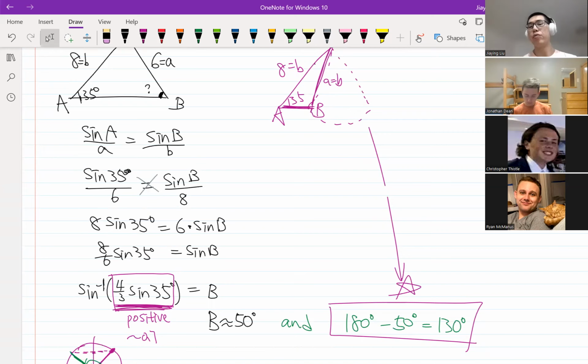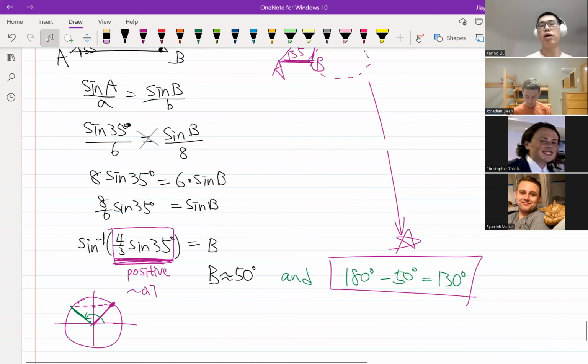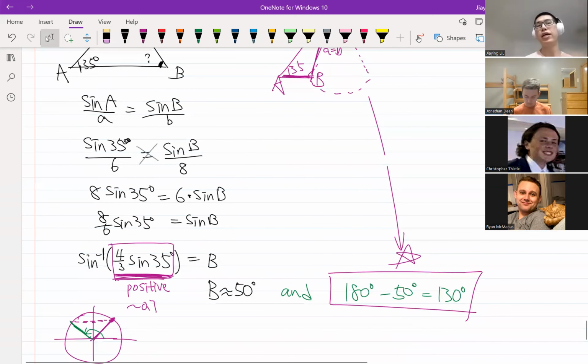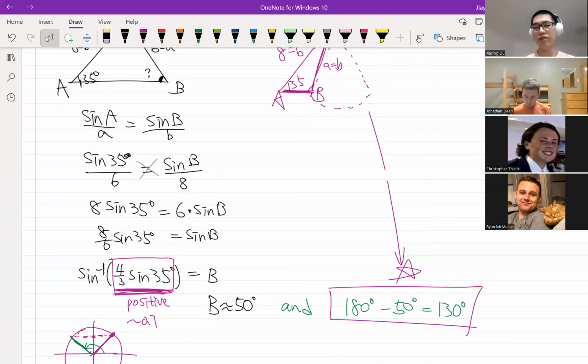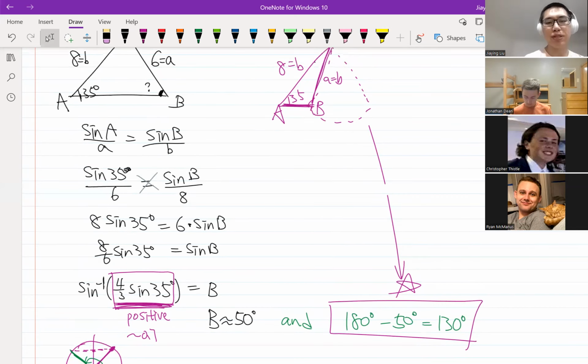Now you probably wonder, okay, do I keep both or do I drop one? The only way to tell whether we keep it or drop it is to find the other missing angle to see if it's negative or positive. So here we know that A is 35, B is 50.